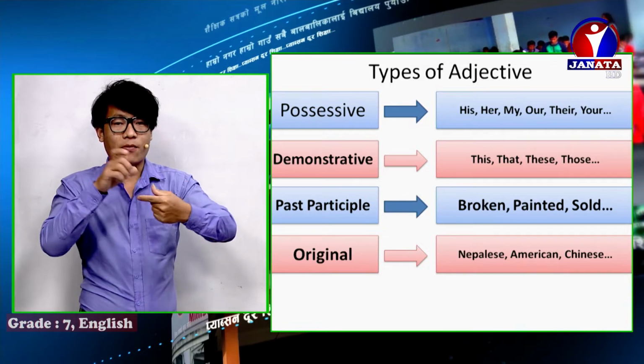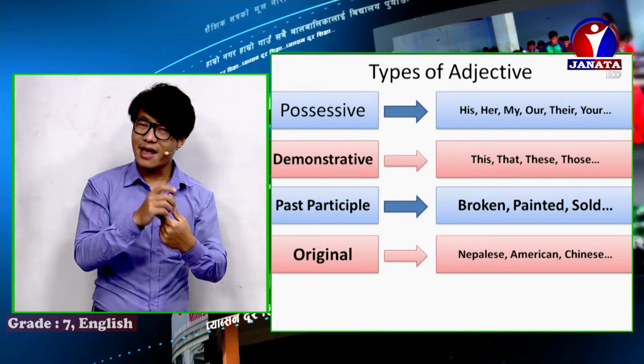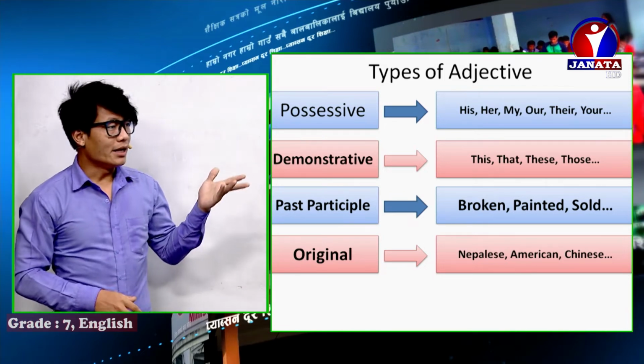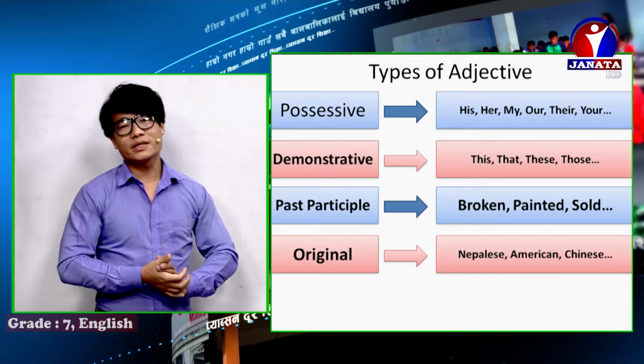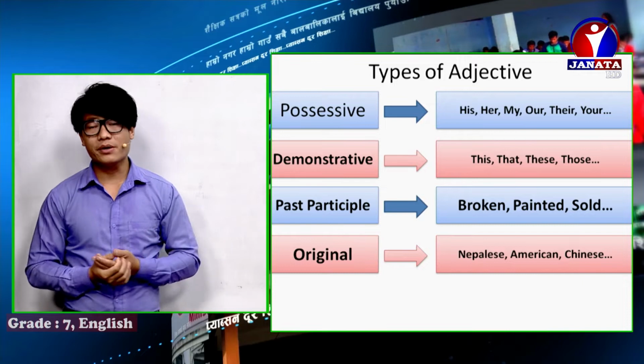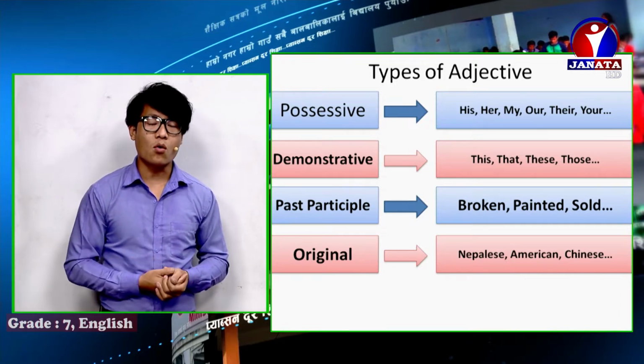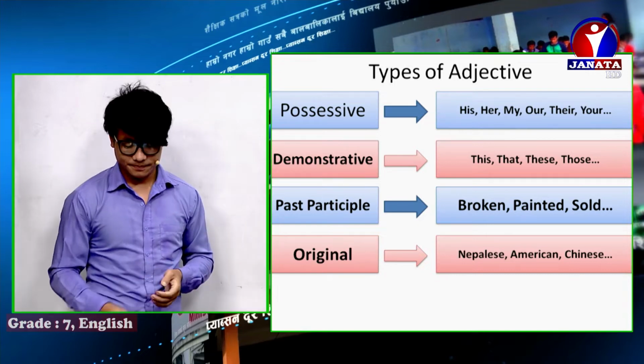Like a Nepalese product. Product is a noun, and Nepalese is an adjective. So these are called original adjectives. Once again, examples: American, Nepalese, Chinese, Indian.